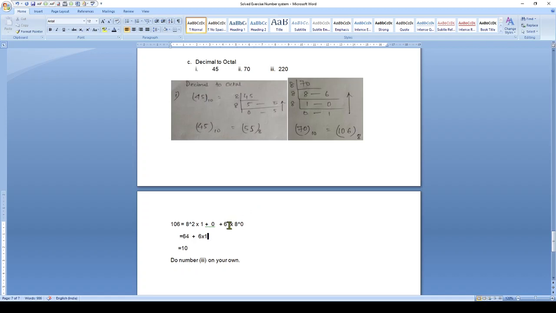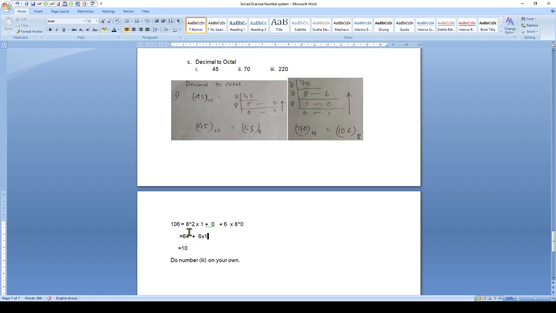So 6 into 8 to the power 0 is 6 into 1, which is 6. Right? So you have got 6 from this and you have got 64 from 8 8 is 64 into 1.